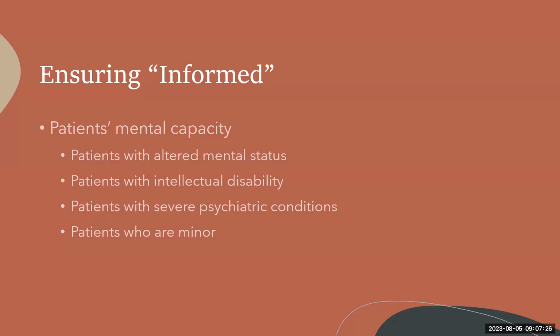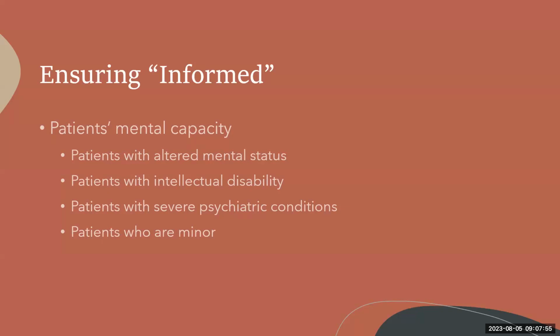Because if your patients have an altered mental status, it means that they, for some reason, are not as themselves. Like if they have a stroke, if they're in a coma, you won't be able to obtain consent from that patient, and you should not obtain consent from those patients because the medical condition might be affecting their thought process and they might not make the most sound decisions in that state.